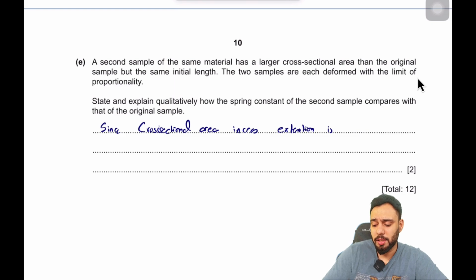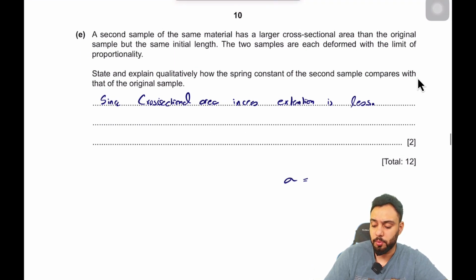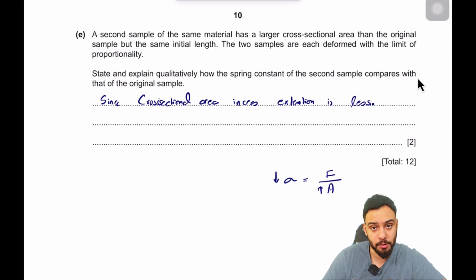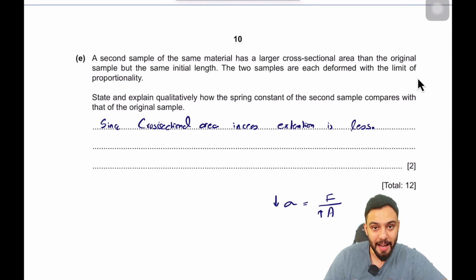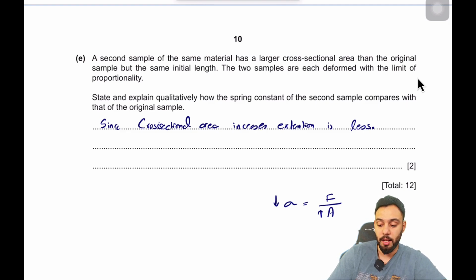Why is extension less? There are two ways to describe that. Since stress is equal to force per unit area, if you increase the cross-section area, definitely the stress would reduce, and eventually the strain would reduce as well. So it would have to experience less stress. So since cross-section area increases, extension is less because of less stress.